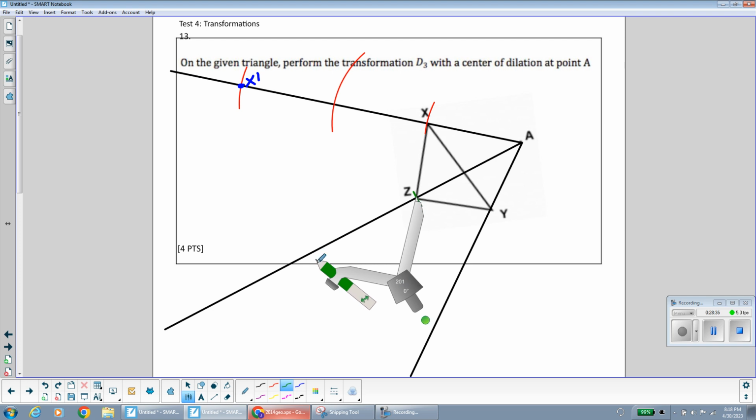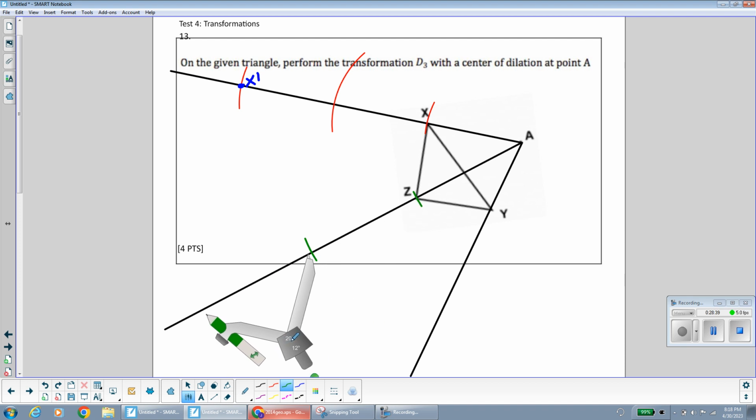And then I'm going to double the distance, and then I'm going to triple that distance. There we go. And that is the point Z prime.